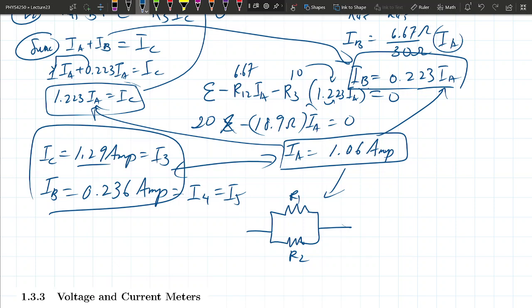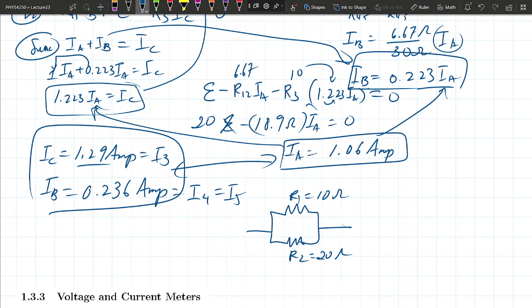So I'll show you guys a trick, well, not a trick, but just a more intuitive way to do this. We know that R1 is 10 ohm, R2 is 20 ohm. That means with the same voltage across it, twice the amount of current will flow through the lower resistance resistor than the high resistance resistor.